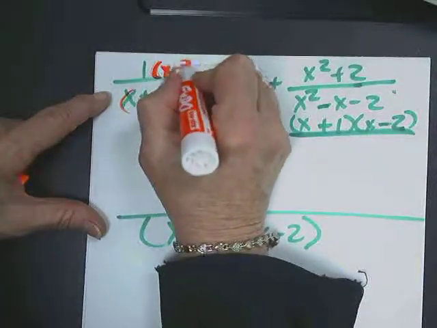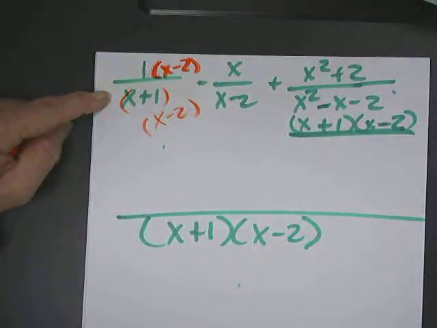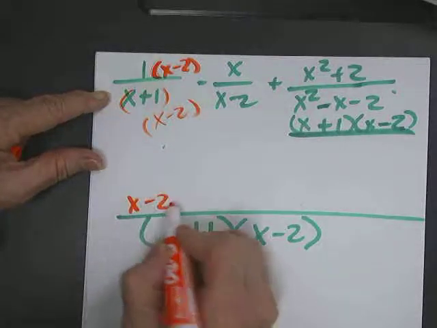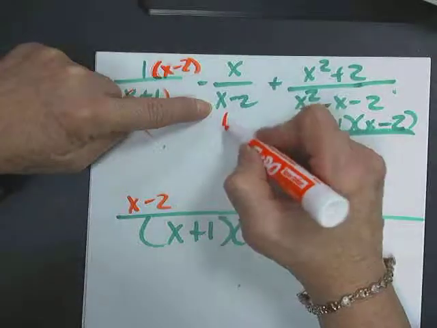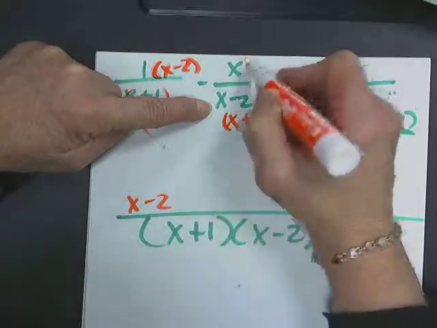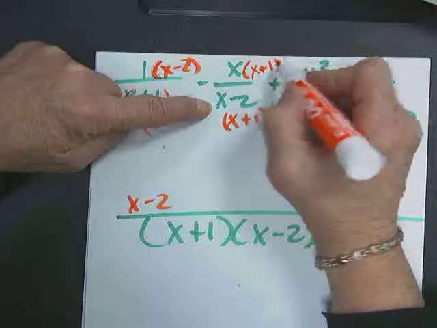This should factor. 2 is 1 times 2, subtract to give you 1: negative 2, positive 1. This is our common denominator.